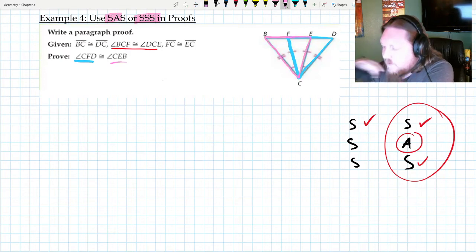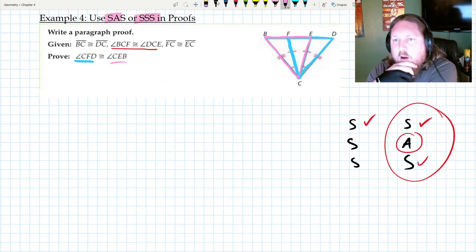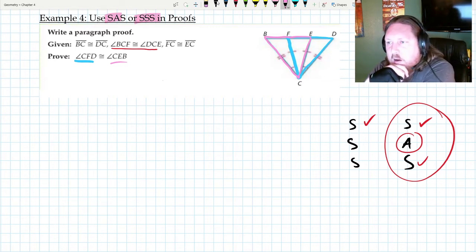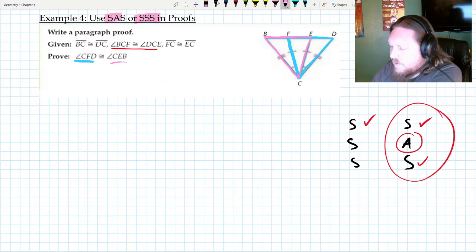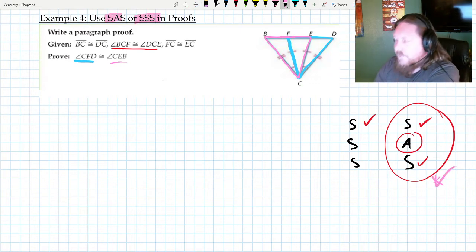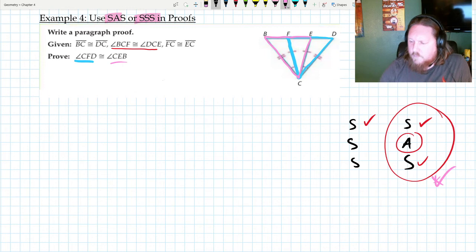Well, I definitely got the two sides there. So somehow I just have to show either that the angle in the middle works, or something about the third side. Well, I know nothing about the third side, so I'm still thinking side angle side. That's still what I'm going for. I still think that's the way to go.